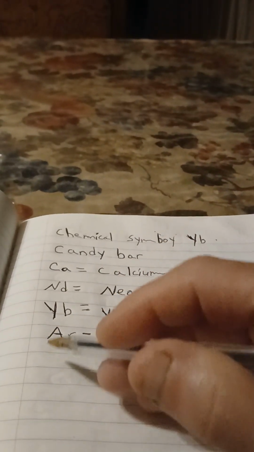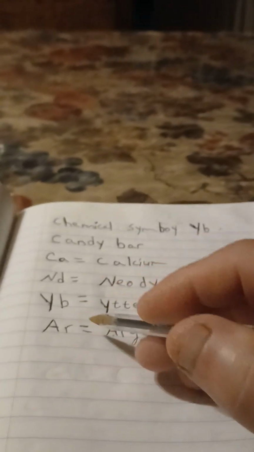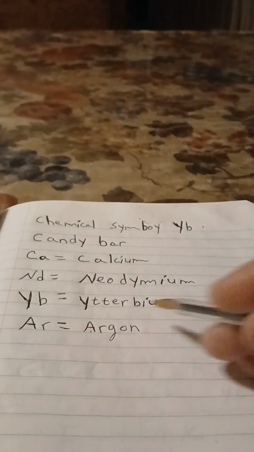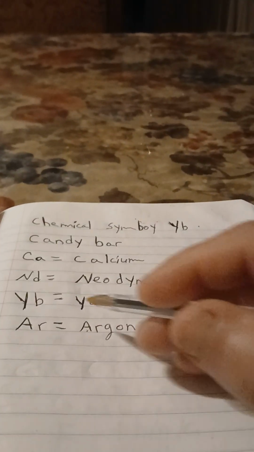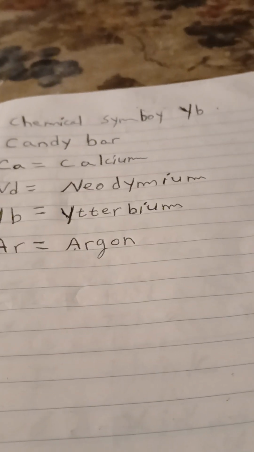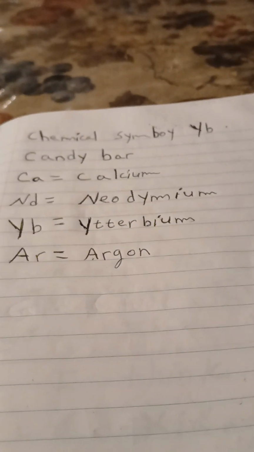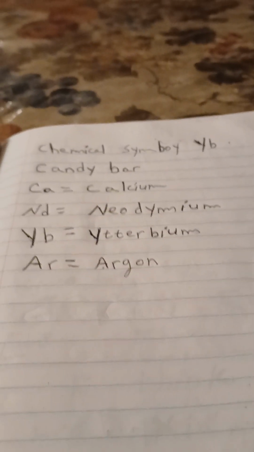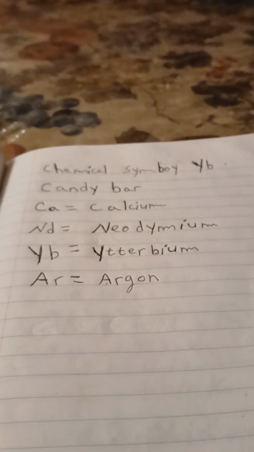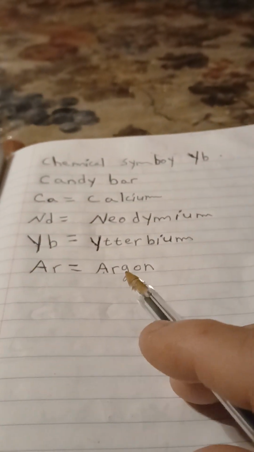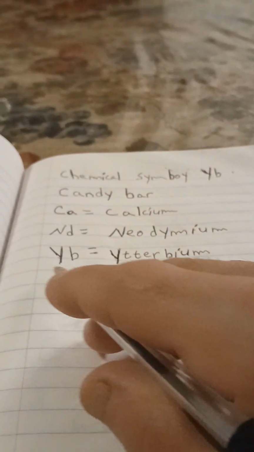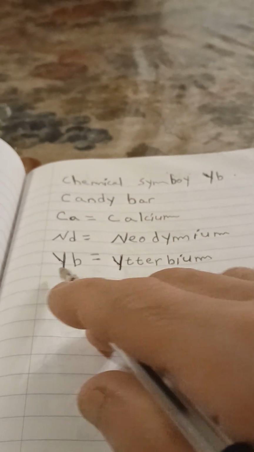So we got a capital Y and a small b, and that stands for ytterbium. That's the element's name, and the chemical symbol is a capital Y and a small b.